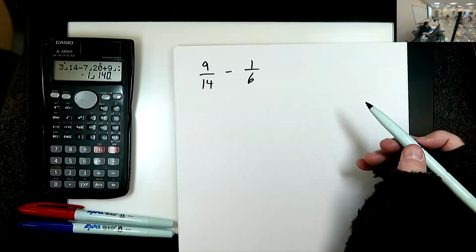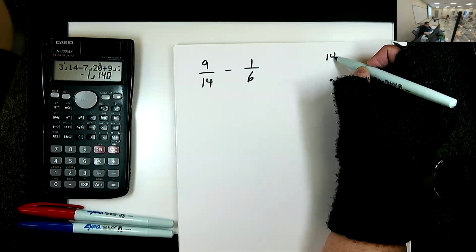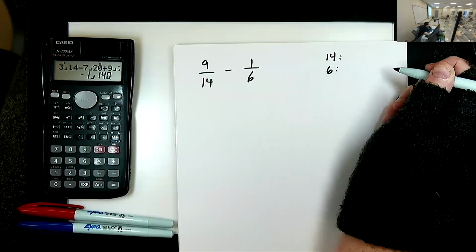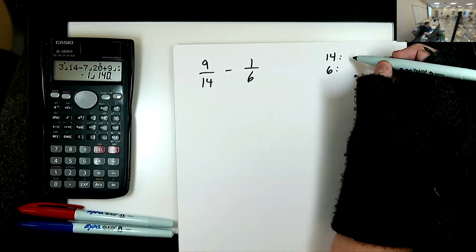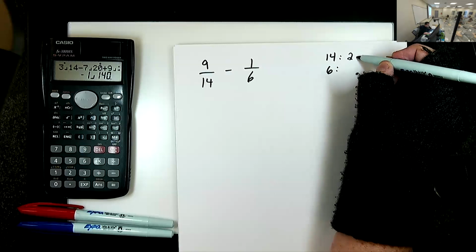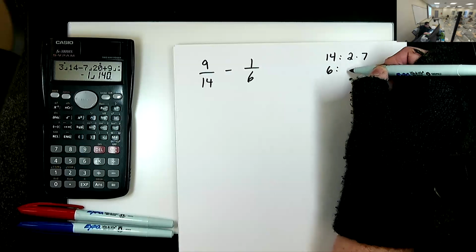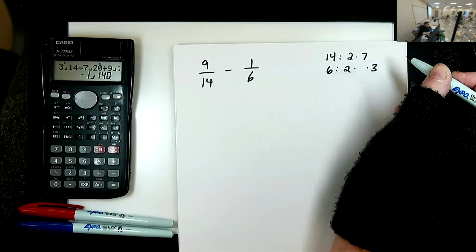So let's do the method we were talking about here. My two denominators are 14 and 6. Fourteen is 2 times 7, and 6 is 2 times 3. I have a column for the 2, I'll make another column for the 3.